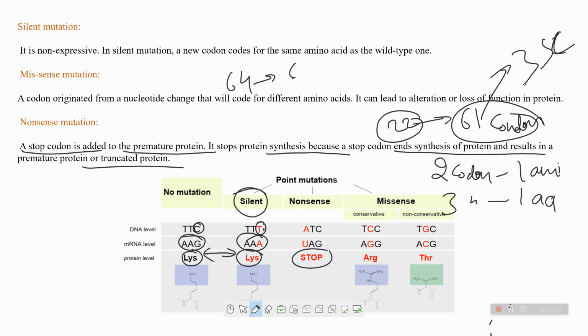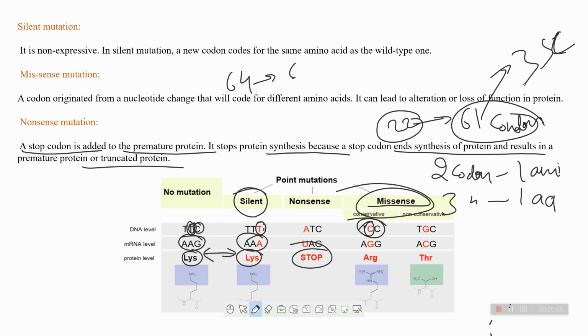Next is missense mutation. Missense mutation means a mutation occurs in a nucleotide, and that nucleotide codes for another type of amino acid. The mutation occurs at the middle position, right?